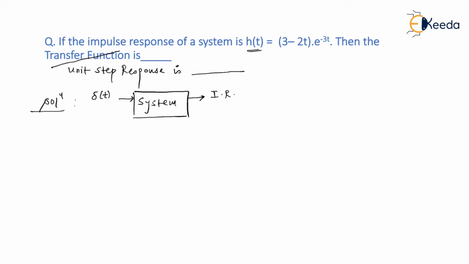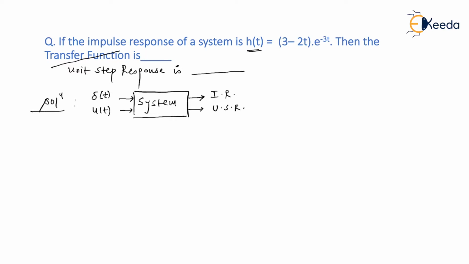Because for a system, if you give delta(t) as input, which is called an impulse input, then the output of the system is known as impulse response. That is the response given to impulse input. Am I right? For example, if you don't give delta(t), let's say you have given u(t) as input to the system, then the output is known as unit step response.